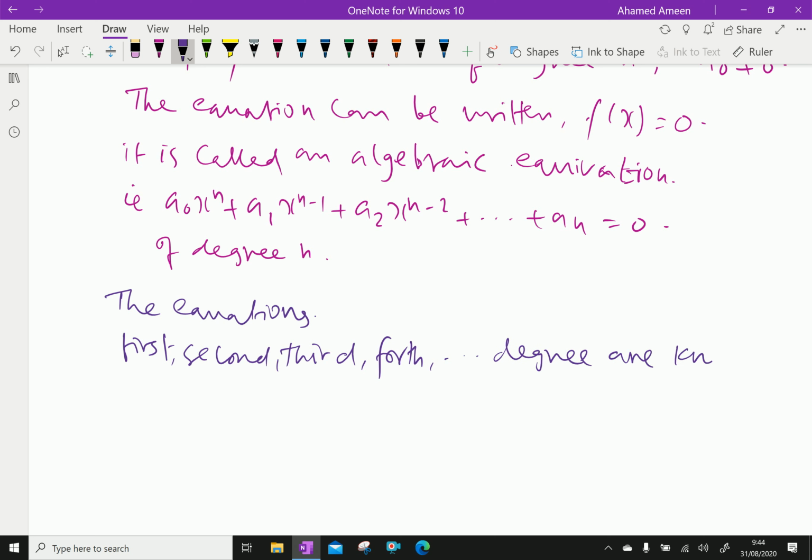Means the degree of the equation itself decides which is linear, quadratic, cubic, biquadratic equations like that.